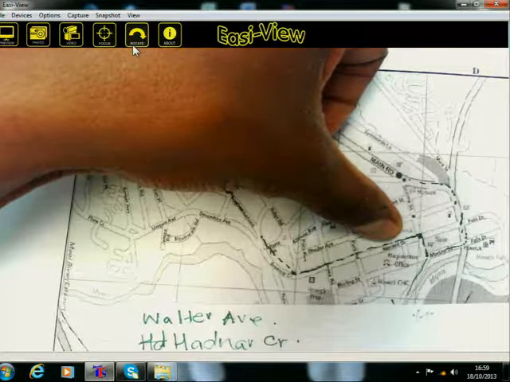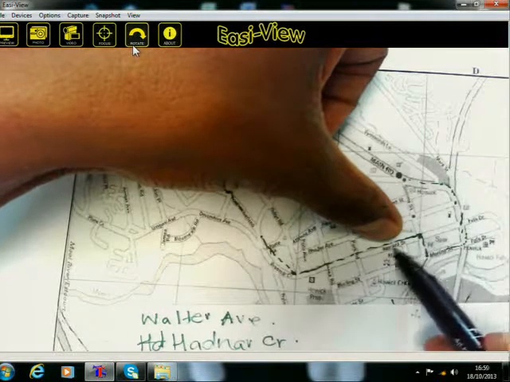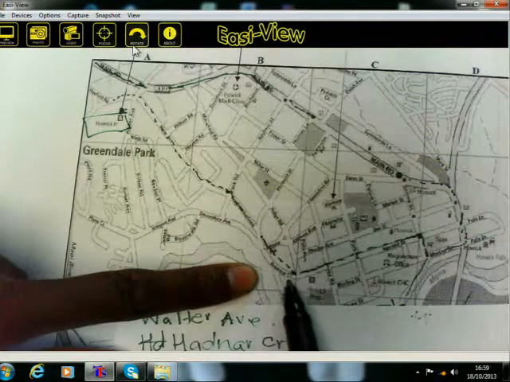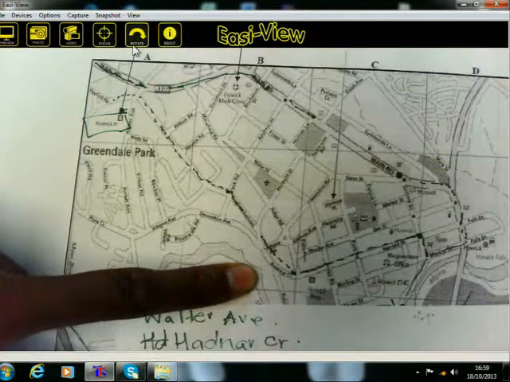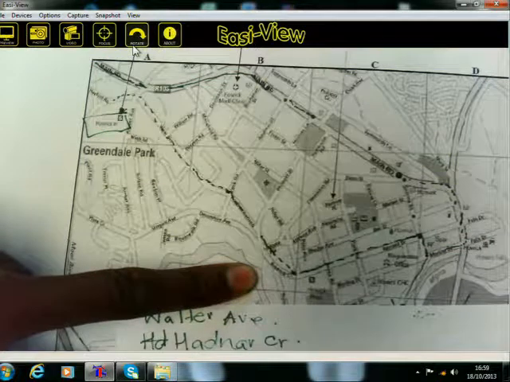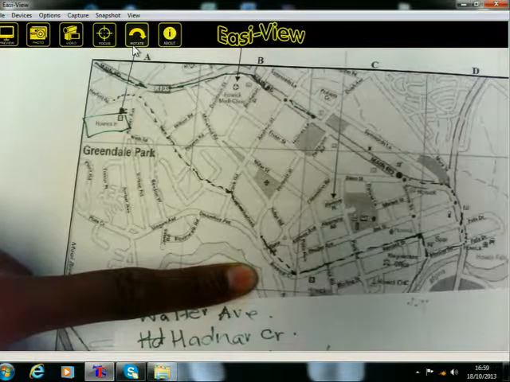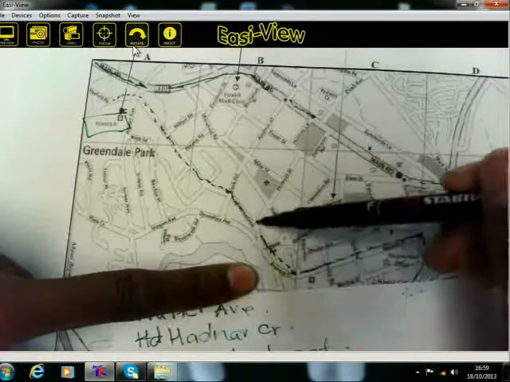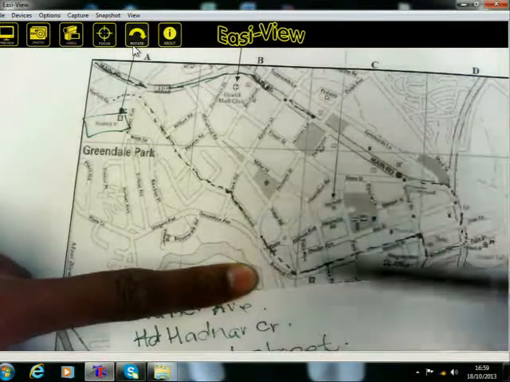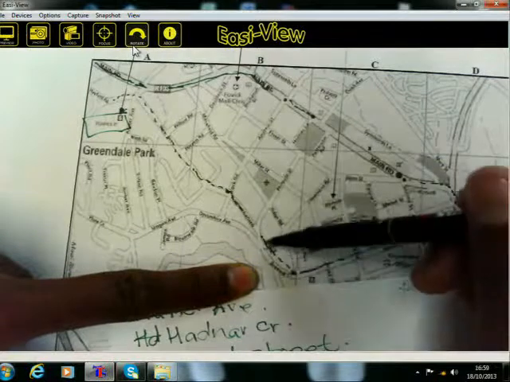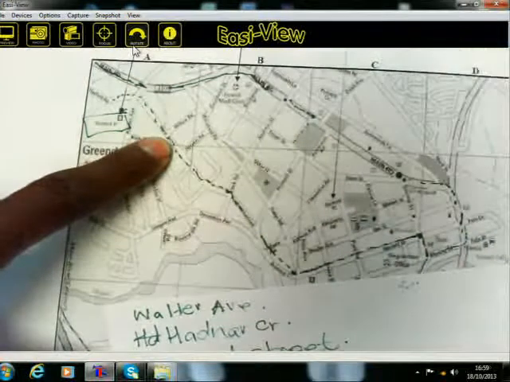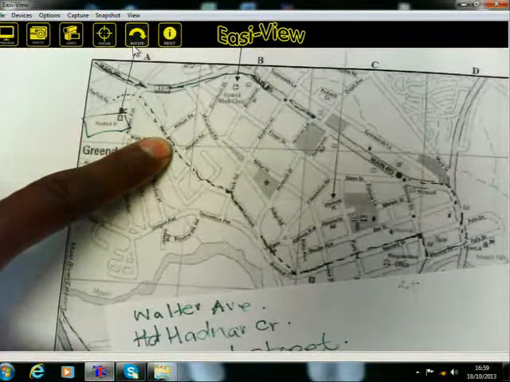On Mainland Street, you go straight up until you get to the corner of Hartner corner, and you go straight up until you get to Walter Avenue.